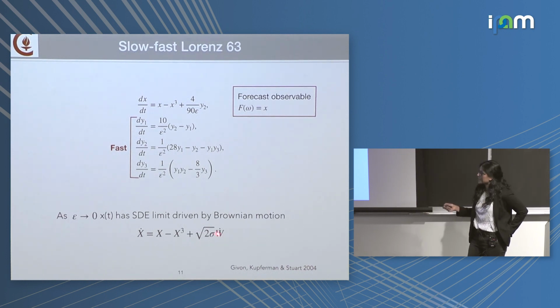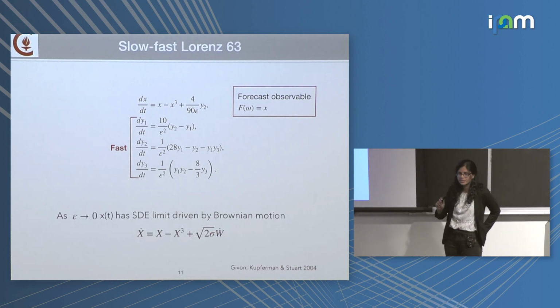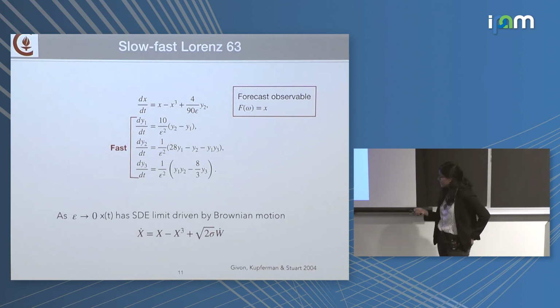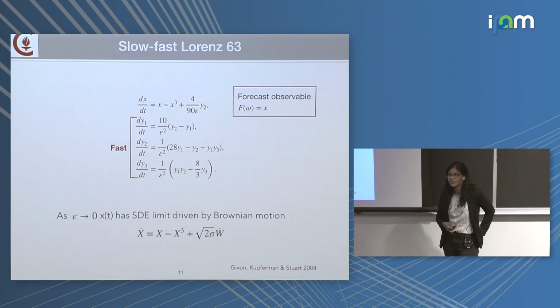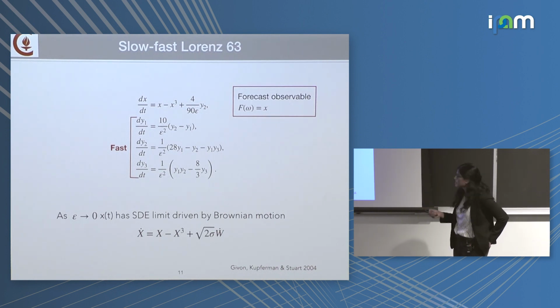We know a lot about this system and can compute the conditional expectation explicitly, which gives us a nice verification of our results. Our observable is only the x variable, and we are forecasting based on the x observations only, not the y observations.